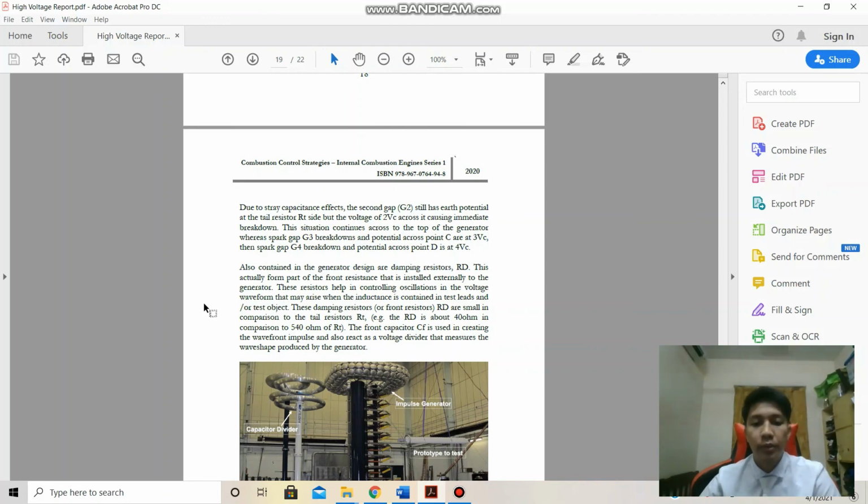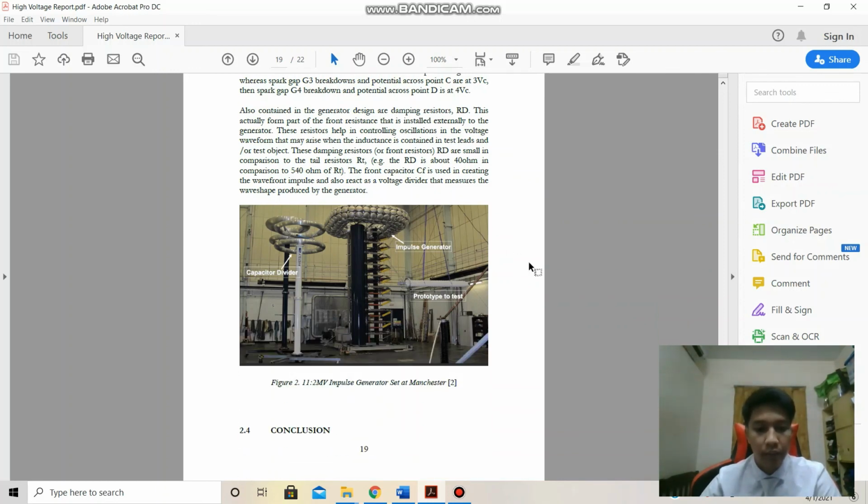The front capacitor CF is used in creating the wavefront of the impulse and also acts as a voltage divider that measures the wave shape produced by the generator.